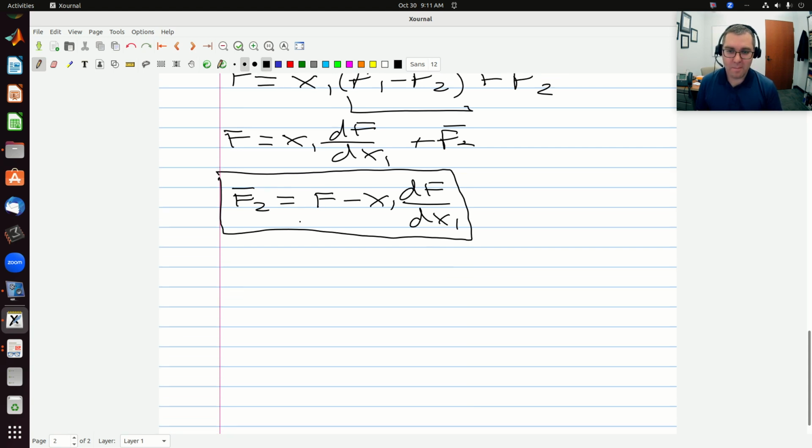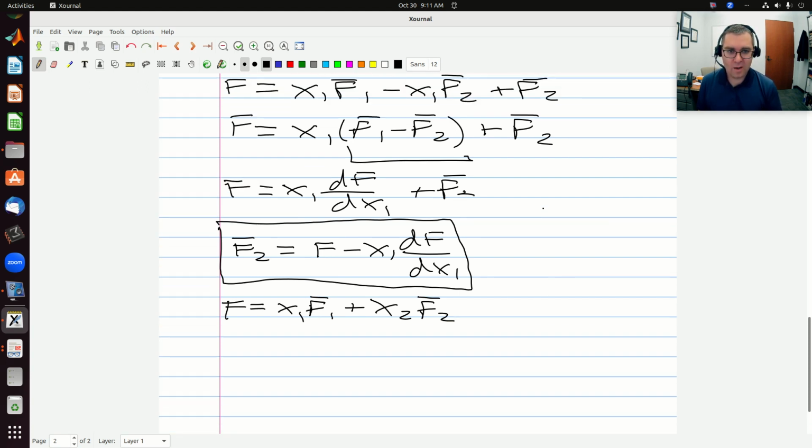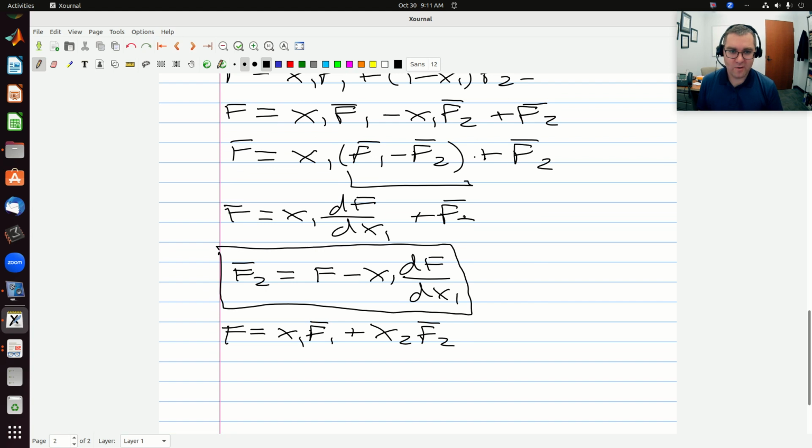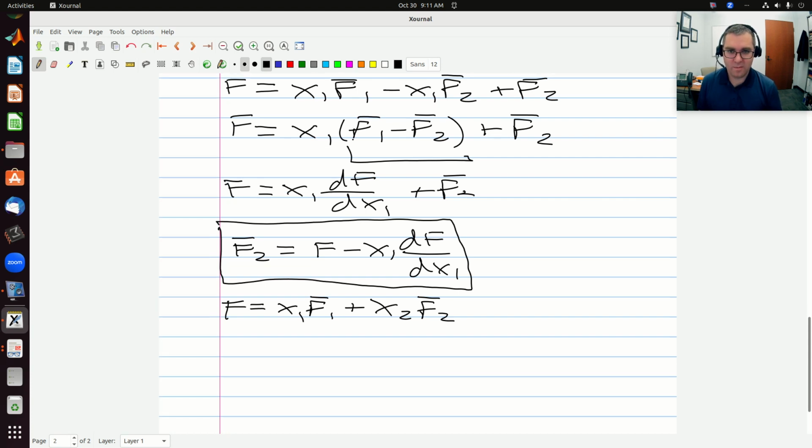Now to get f-bar 1, we could do it in a couple of different ways. Option 1 would be that f is equal to x1 f-bar 1 plus x2 f-bar 2, where now I have an expression for f-bar 2. I could even simplify it by plugging in my expression for f-bar 2.